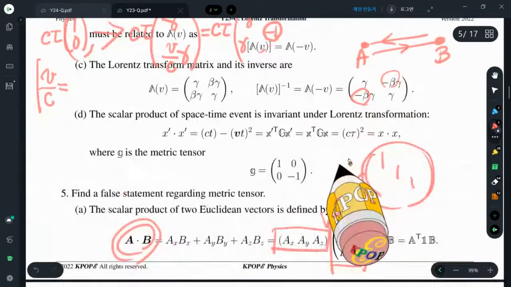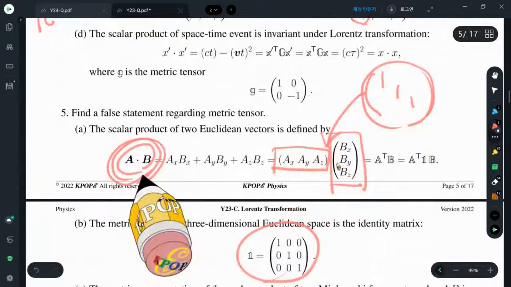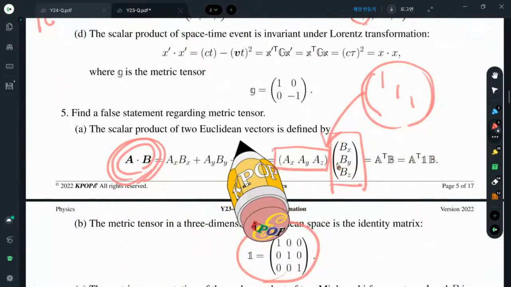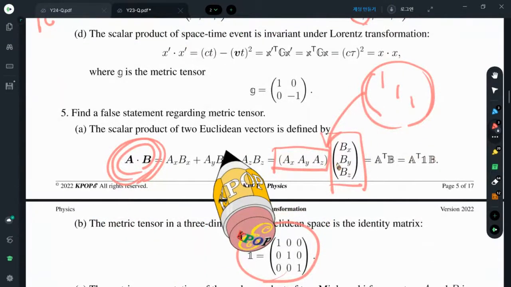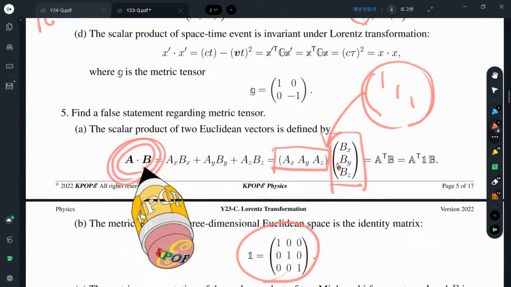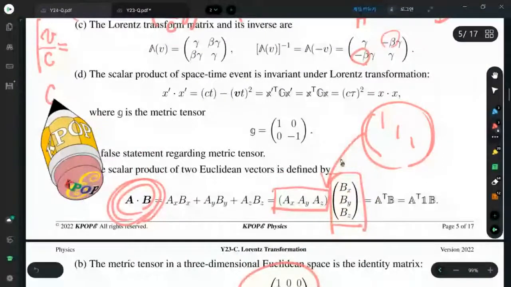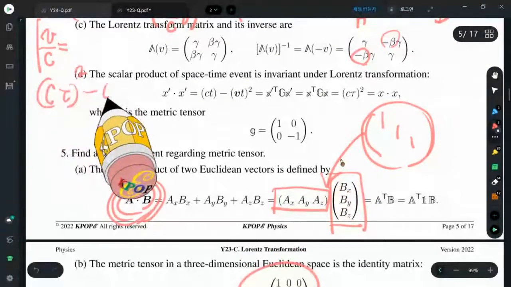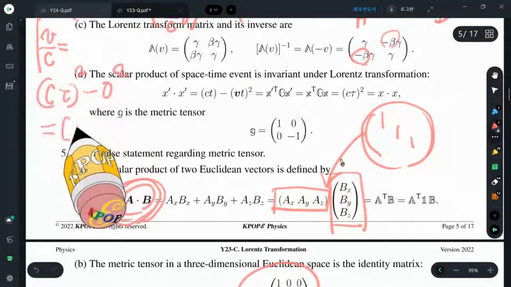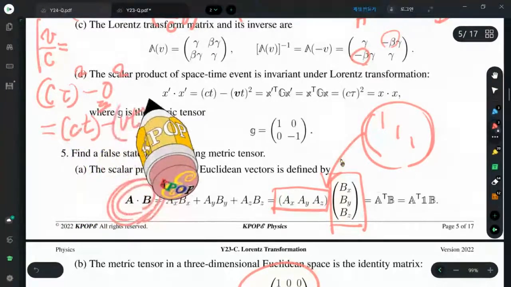However, in the Minkowski space, this scalar product is not invariant. Instead, we remember c tau squared subtracted by 0 squared equals c squared t squared minus v squared t squared.